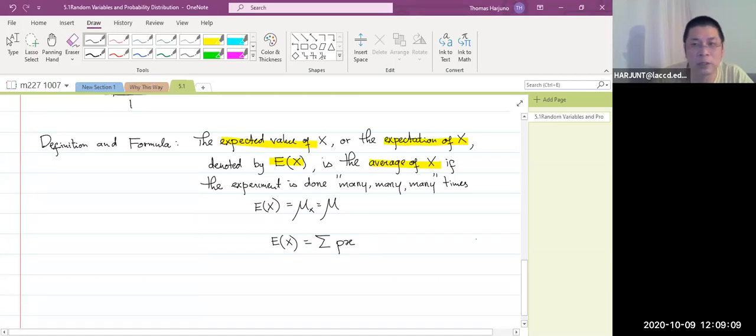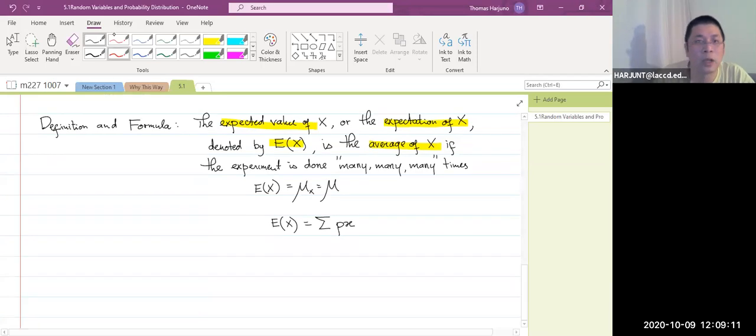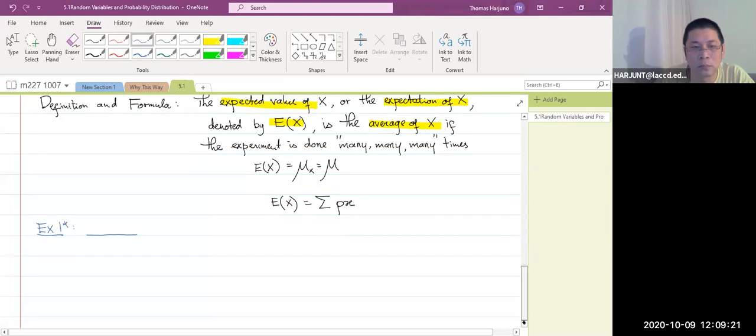Now, I want you to realize the following. Maybe we do this first. If I go back to example 1, my x are 0, 1, 2. The probability is 1/4, 2/4, 1/4. I purposely am not reducing 2/4 to 1/2 because I need to extend this table.